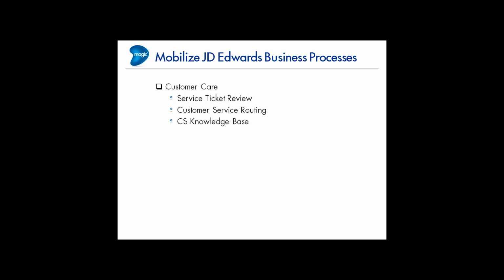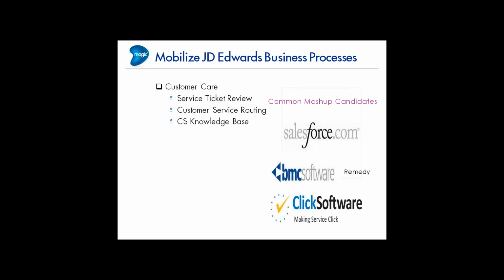So being able to do that from your mobile phone, so that, say, the service manager has 5 issues coming in, they're out at lunch, they want to assign those immediately, so they do so from a customer service routing mobile app. Customer service knowledge bases can also be useful when you're out in the field on the go, and these are just a few small examples of what you might want to include.